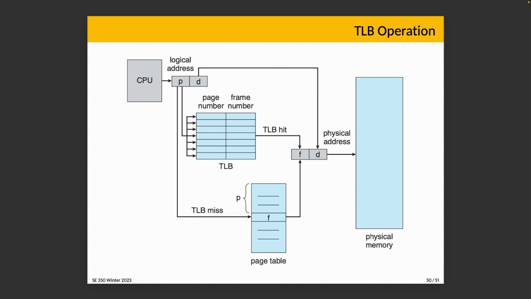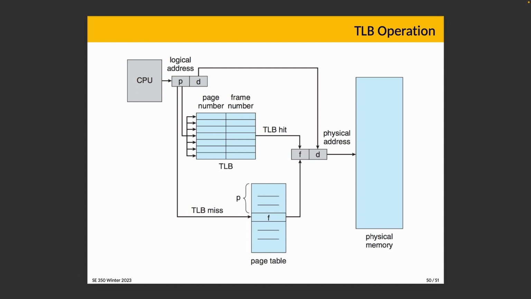If it's not there, then we're waiting for the result to come in from main memory, and we'll use that when it has arrived. Once it has arrived, either from the TLB or from the page table, we combine the frame number with the offset to produce the physical address, and the physical address is sent out to the bus to actually request the data from physical memory.